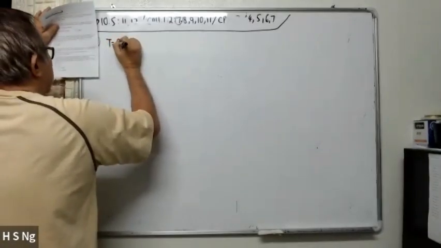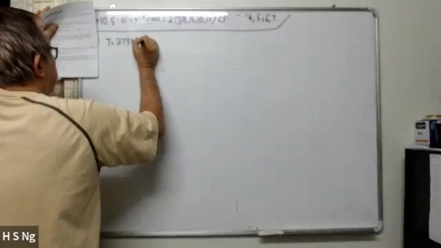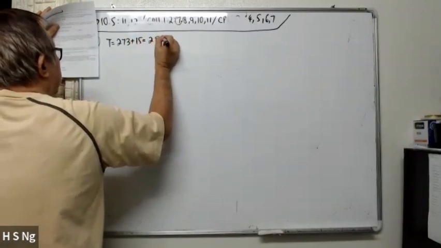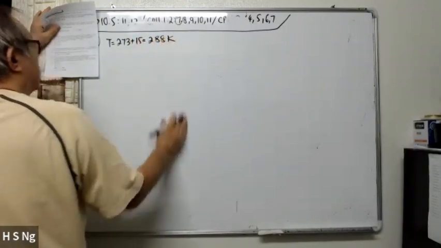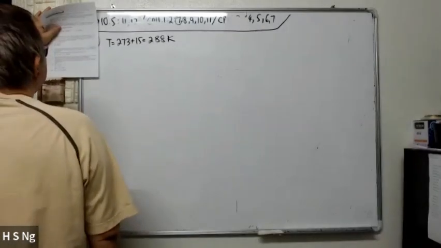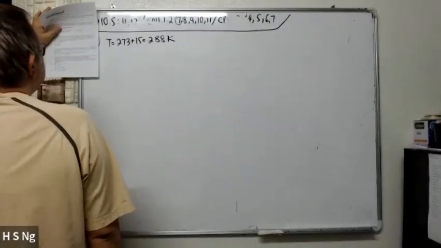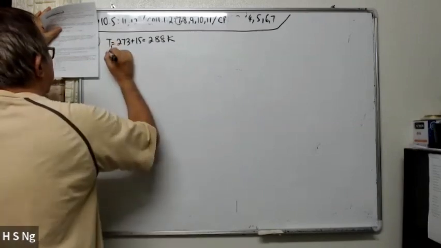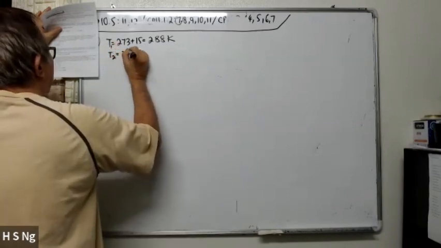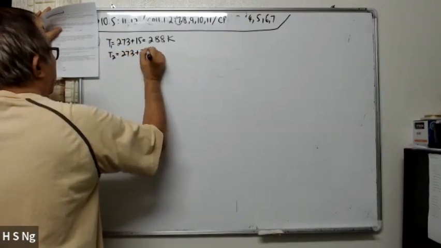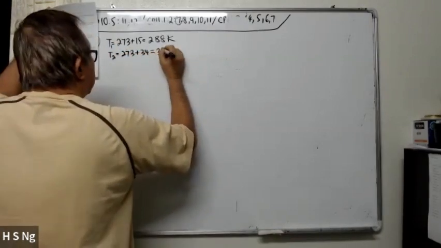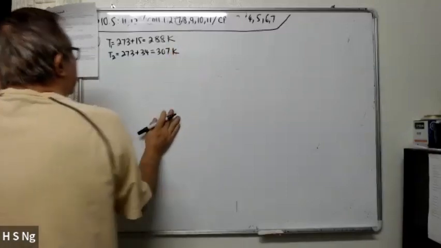So the temperature is 273 plus 15, 288. Estimate the rate of heat loss by radiation assuming the skin temperature is 34, so this is 307.